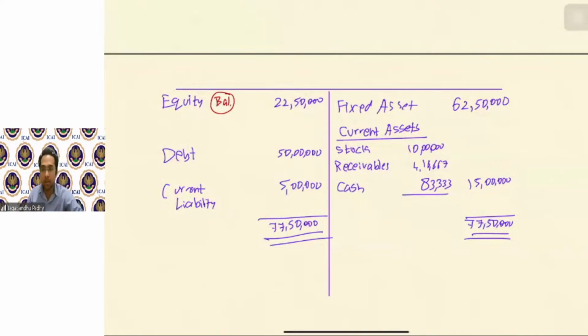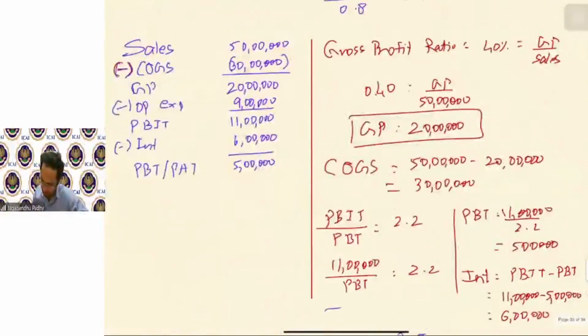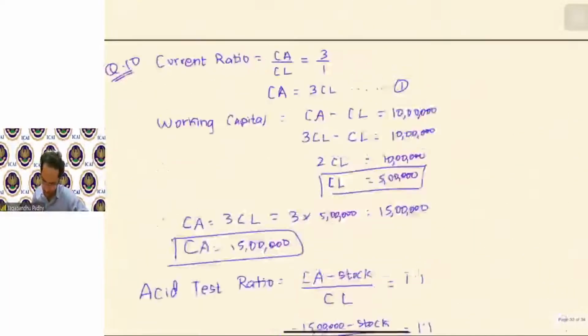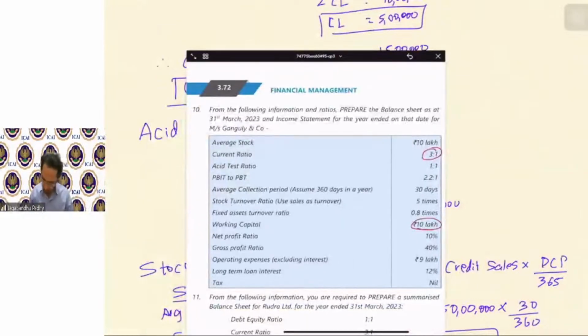Here we complete this balance sheet also. Let me see if there's any queries. Cost of sales and sales are totally different. We divide by 360 days for better.